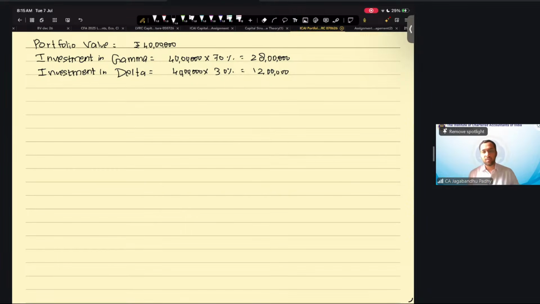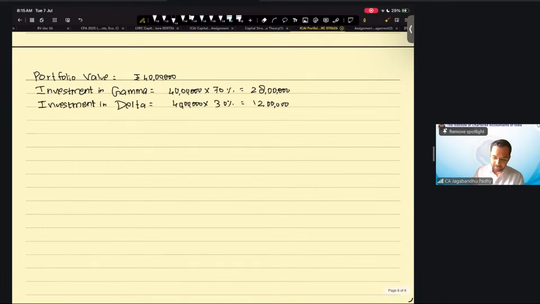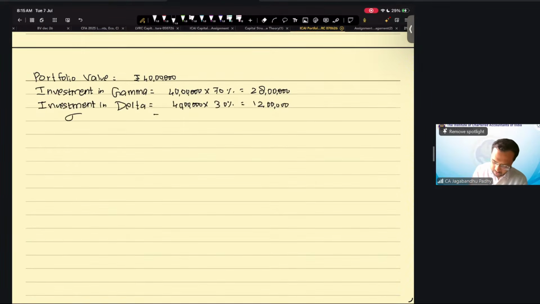Okay. Now, standard deviation of Gamma is 1.5%. Standard deviation of Delta is 0.8%, which is per day. These numbers are per day.